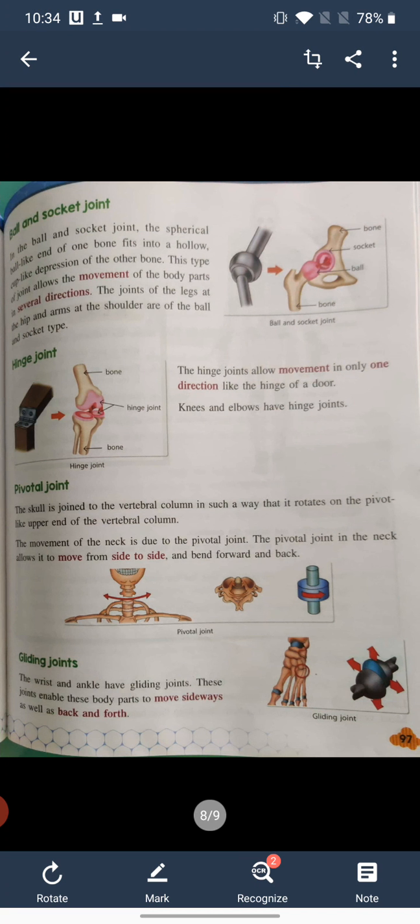Now, movable joints. The second category of joints is movable joints. These are of two types: freely movable joints and partially movable joints.